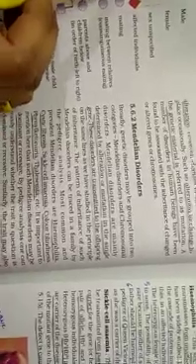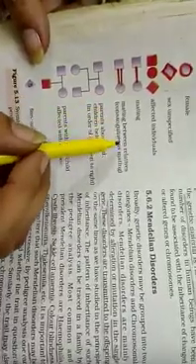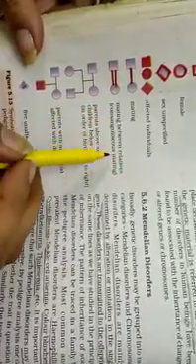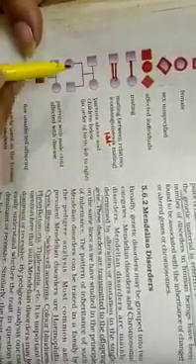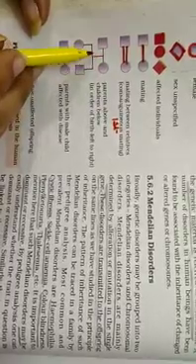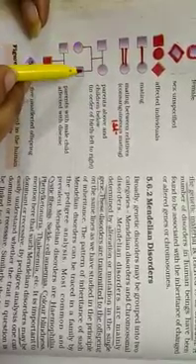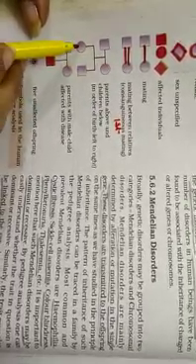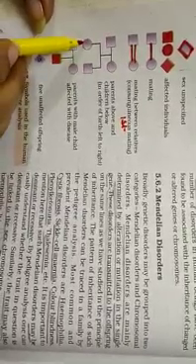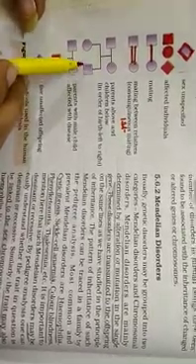A line between a male and a female represents mating. Two lines between a male and a female show mating or marriage between cousins, especially first cousins. This shows a couple, a male and a female, and the mating has resulted in the formation of two children, a daughter and a son.